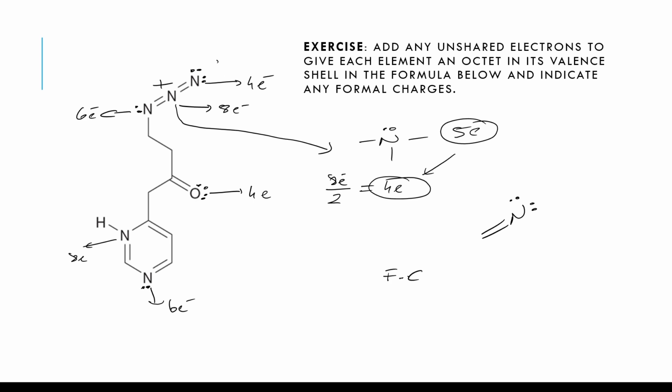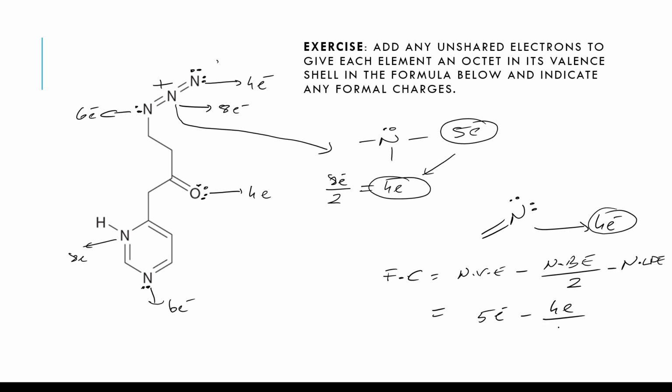Formal charge, Fc, equals the number of valence electrons in the neutral state minus the number of bonding electrons divided by 2, because half of the electrons belong to that particular atom, minus the number of lone pair electrons. Now based on this formula, we know that nitrogen in the neutral state has 5 valence electrons, minus, for this particular case, we have two double bonds, meaning that we have 4 electrons in the bonding pair.